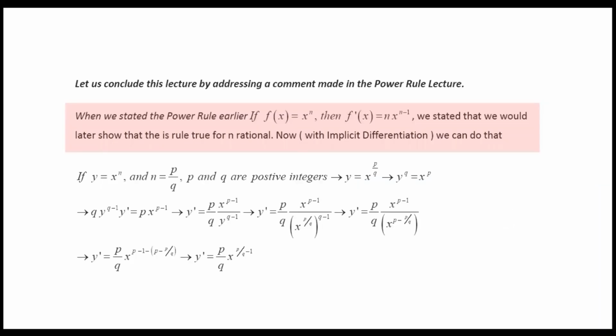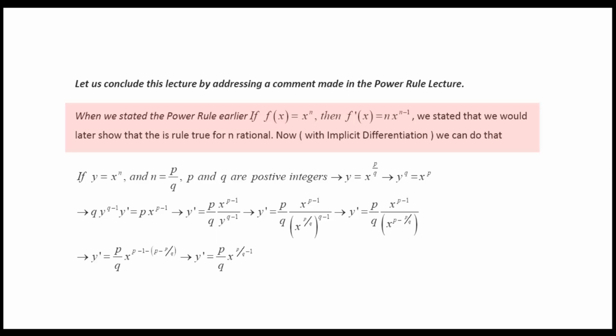Let's conclude this lecture by taking care of something that we said earlier when we did the power rule. Remember when we did the power rule, y equals x to the n, and y prime turned out to be n times x to the n minus 1. We specified that n was a non-negative integer, but we worked problems where the n could be negative or fractional or whatever.